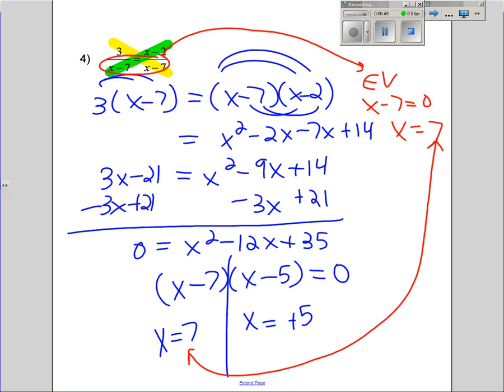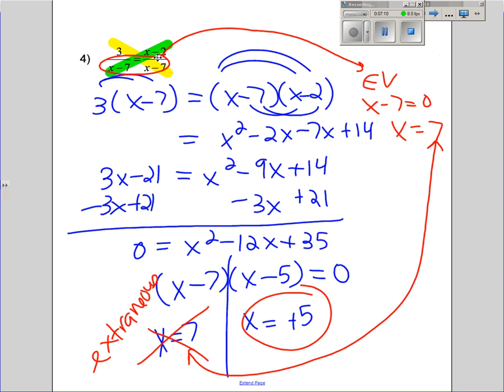So 7 ends up becoming extraneous. We can't keep that value because it would make the denominator 0, which would cause it to be undefined. So while it's a solution of what I've just done, I can't accept it in my final answer, and I can only leave the x equals 5 solution.